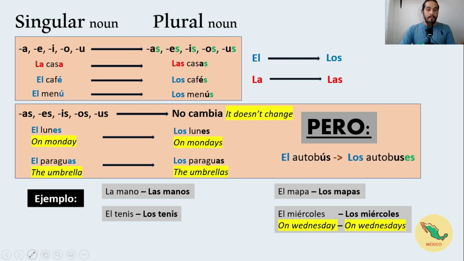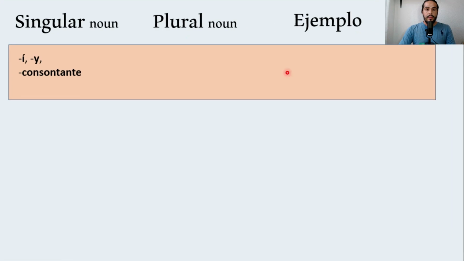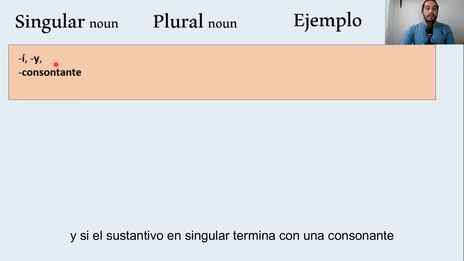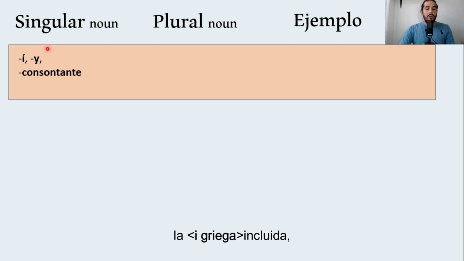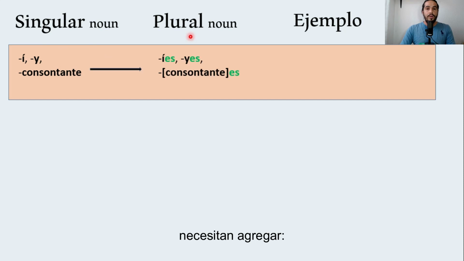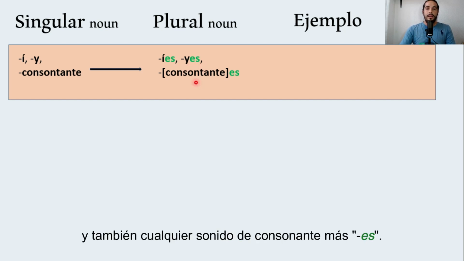But if the vowel E has the accent, and also if the singular noun ends with a consonant, Y included, you need to add es. And also any sound of a consonant plus s.